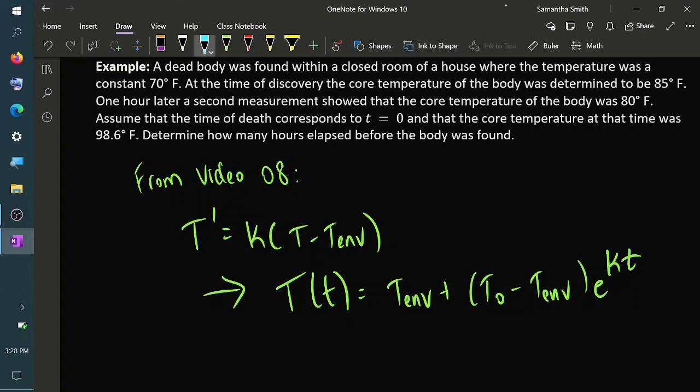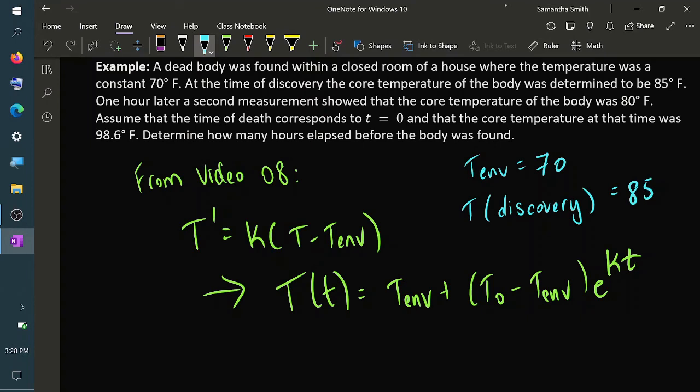So the temperature of the environment for this particular problem is 70 degrees Fahrenheit. Now at the time when the body was discovered, the body's temperature was 85. So I'm just going to say the temperature at the time of discovery was 85.